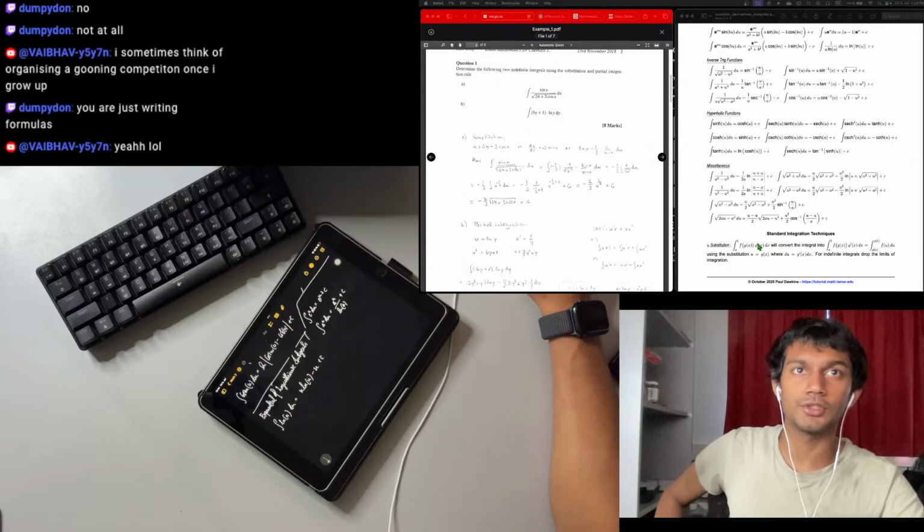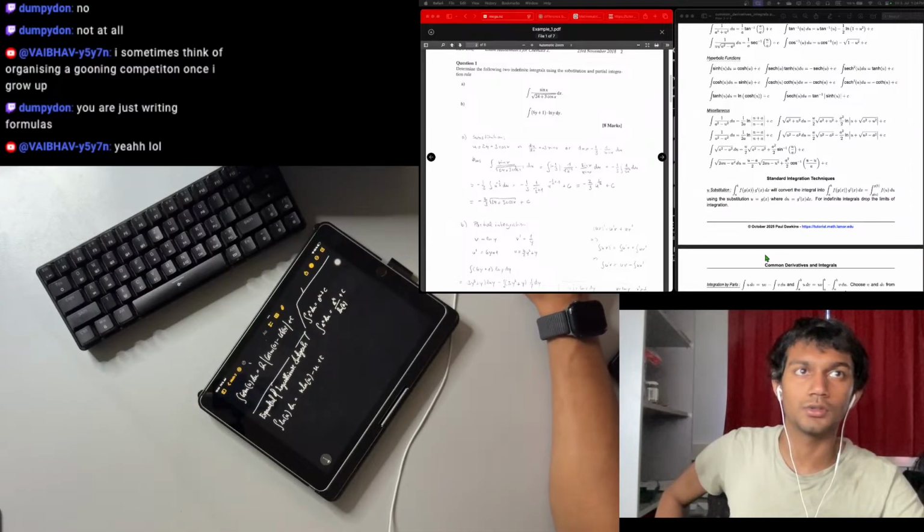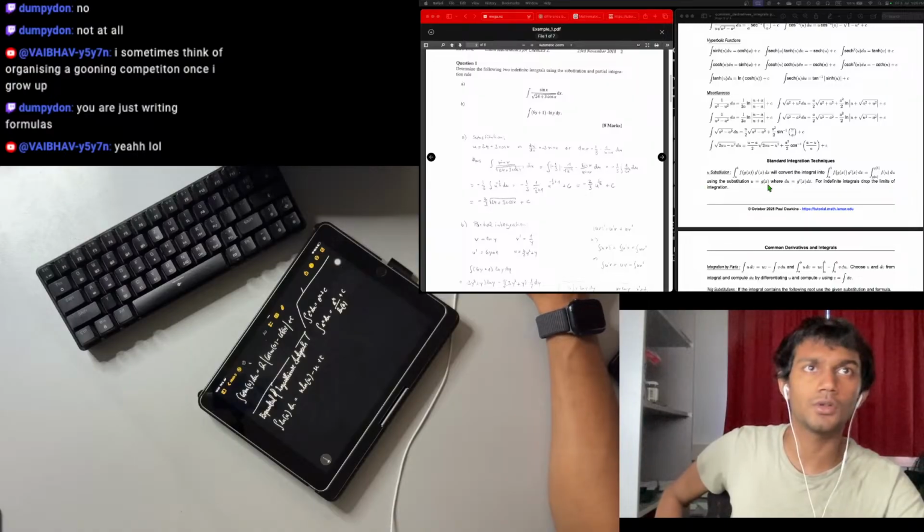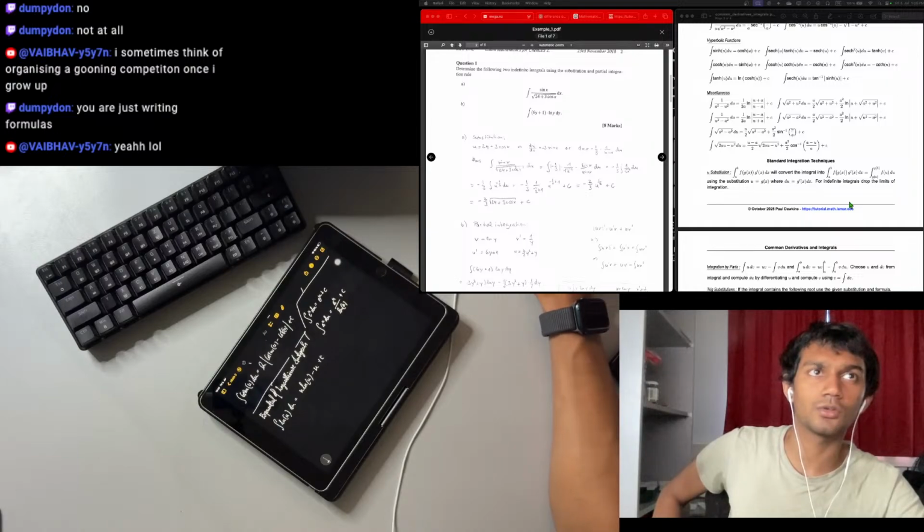Standard integration technique, substitution. F of g of x will convert to integral form, equals integral from g of a to g of b of f of u du using substitution, where for indefinite integrals, you drop the limits of integration.